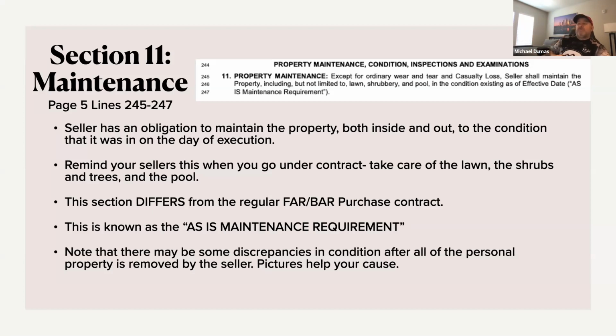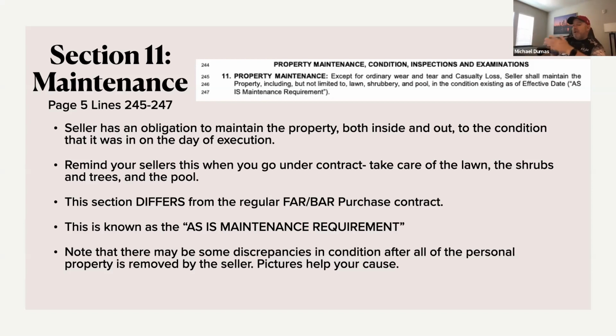Those are specifically called out here. They're also responsible for making sure that the property is in the same condition inside when they leave as it is when it goes under contract, okay? So if the AC goes out between the time they execute and the time that they close escrow, that AC needs to be in the same working condition. Doesn't mean it needs to be replaced, but it needs to be in working condition as it was during the inspections and the execution.